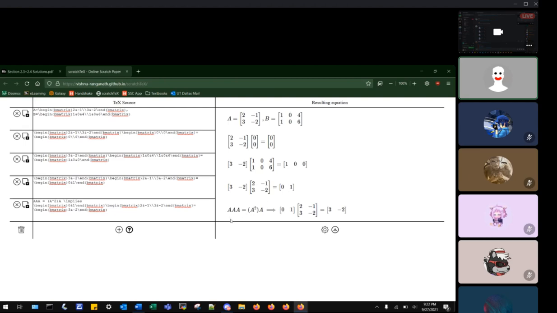For the final product, you notice that A cubed is equal to A squared times A. If you want to find row 2 of A cubed, you take row 2 of A squared multiplied by all of A. We found row 2 of A squared over here, so we substitute that in. You multiply this by all of A, and you get 3, negative 2. Does that make sense?